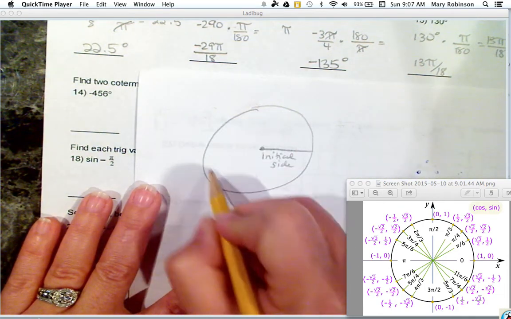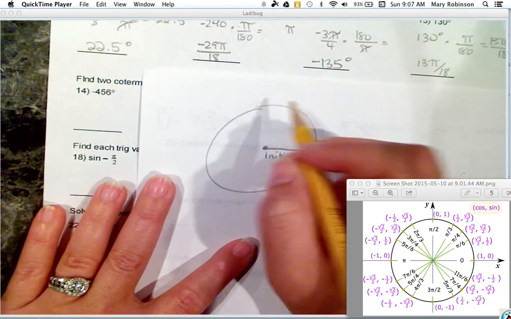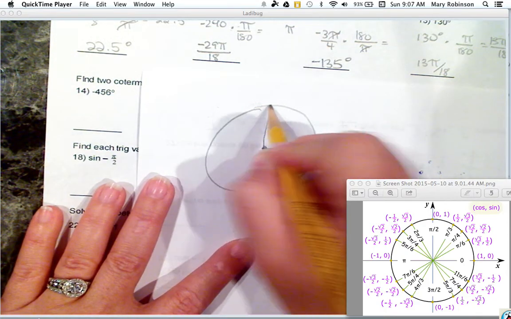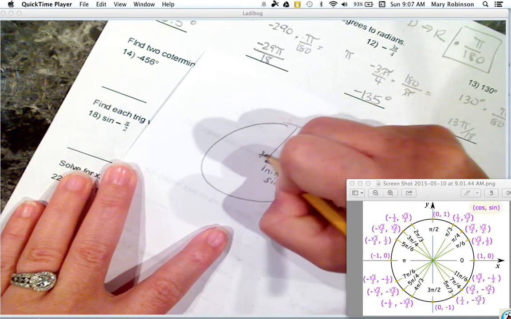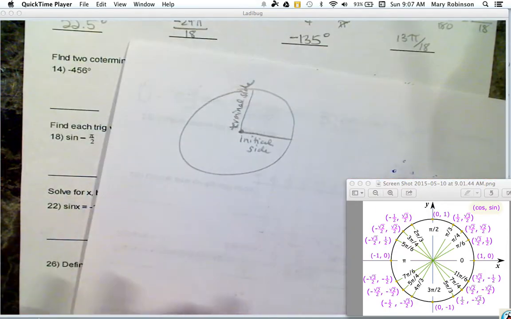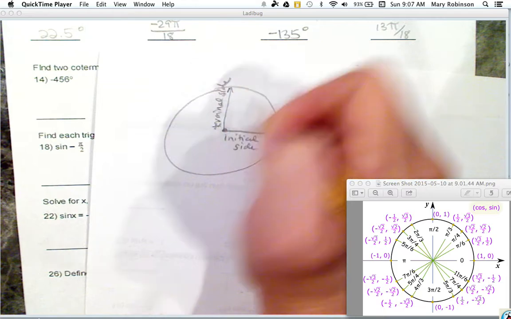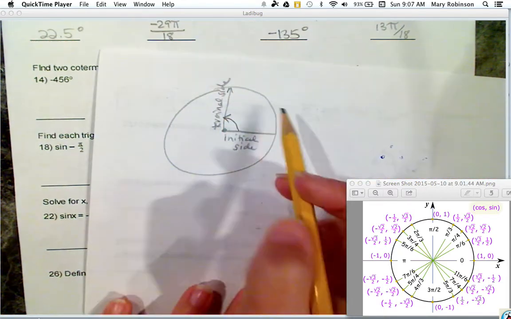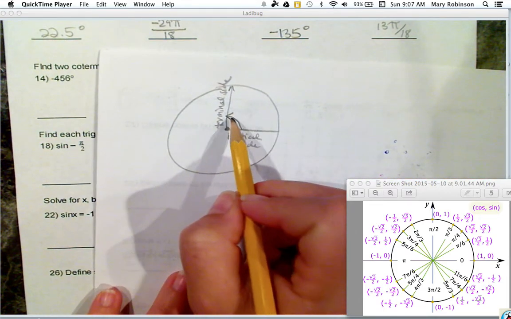And then for any given radian measure around the circle, say it's right here, this I would call my terminal side. So a coterminal angle is any angle that ends up with the terminal side at this position.